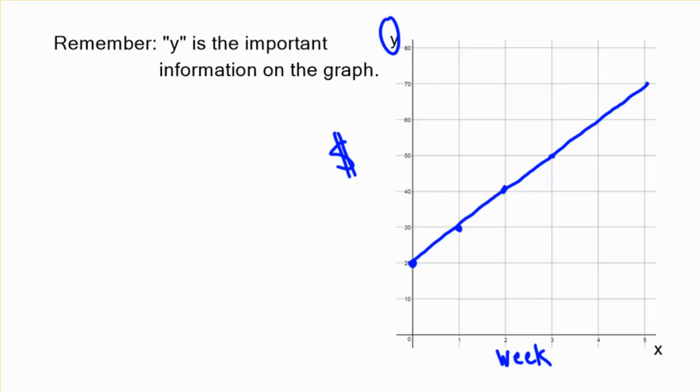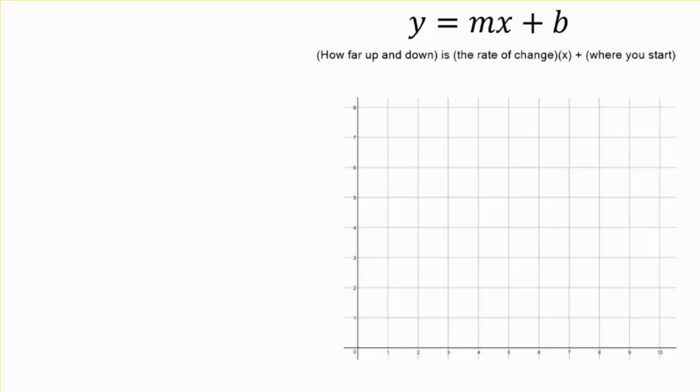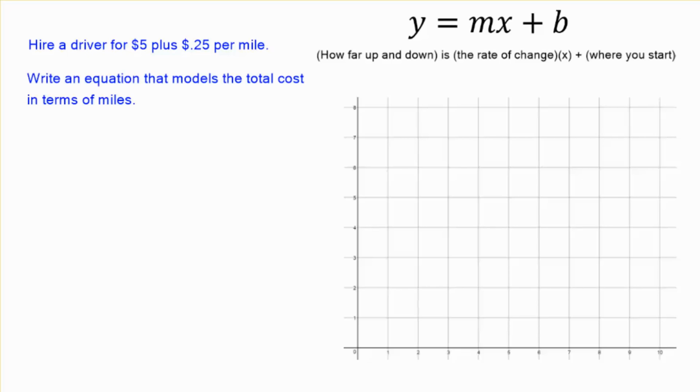So let's look at what you might see on a test. You've got y equals mx plus b. Again, that's how far up and down. And that equals the rate of change, that slope, times x, plus where you start on the y-axis, if x is 0. Let's say you hire a driver for $5 plus 25 cents per mile, and you have to write an equation that models the total cost in terms of miles. So that total cost equals $5 plus 25 cents times each mile.